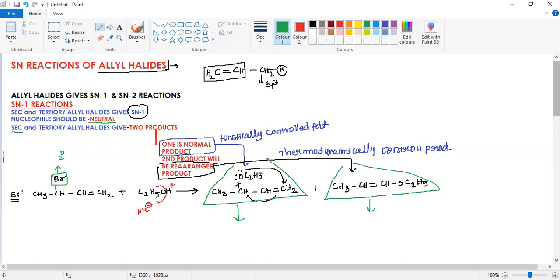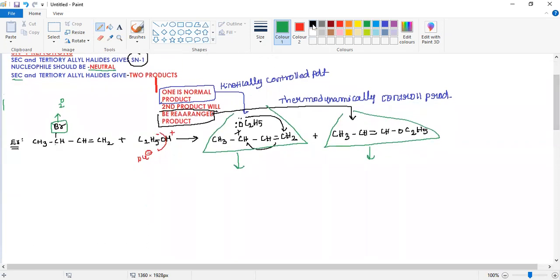What I'm saying is, the mechanism for the formation of the normal product is called simple SN1 only. But the mechanism for the formation of this rearranged product, the second product, is known as SN1 prime.